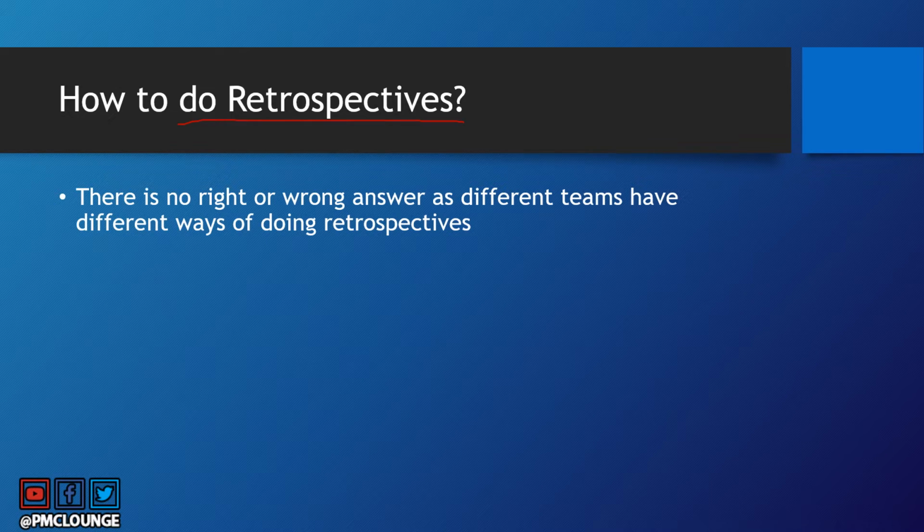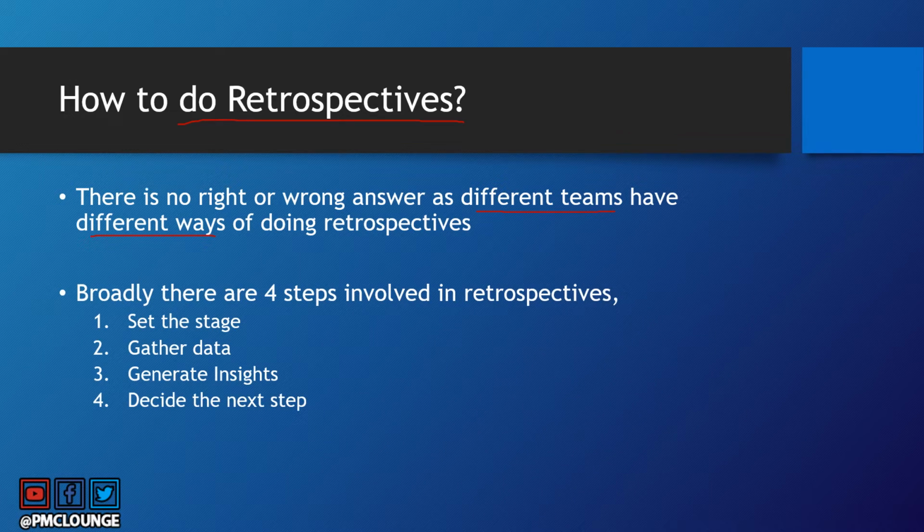This is also something you will see on real life projects: different teams have different ways of doing retrospectives. But broadly, there are four steps involved, and in all the different ways you will see a retrospective being done, these four steps should ideally be involved.